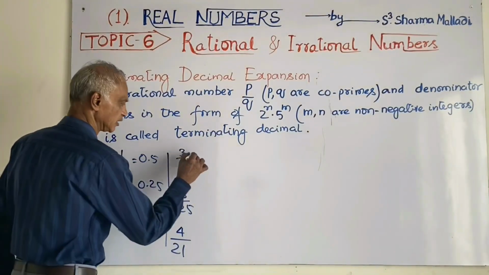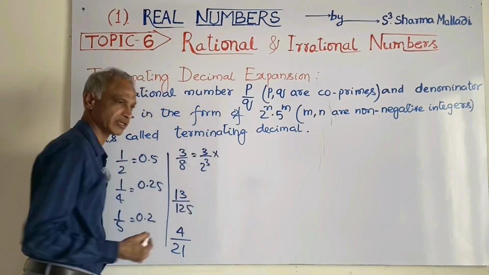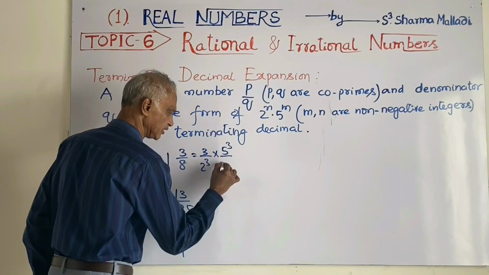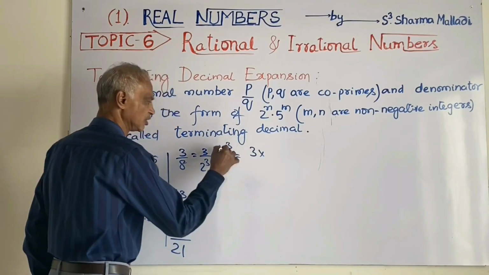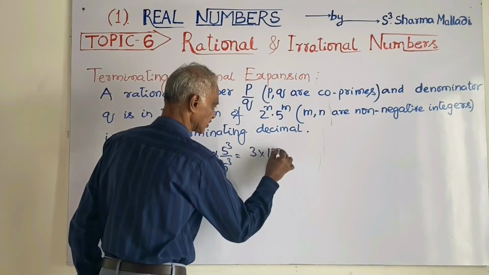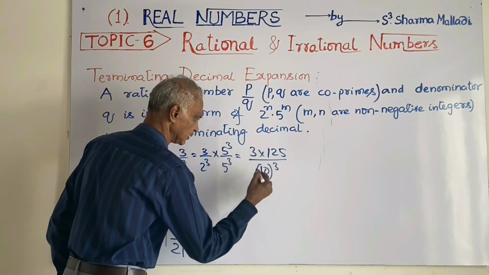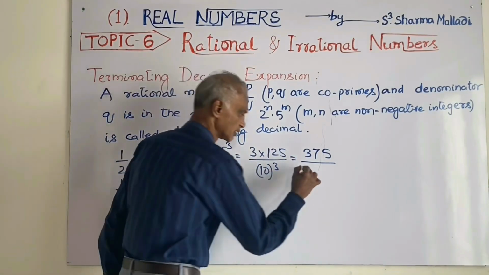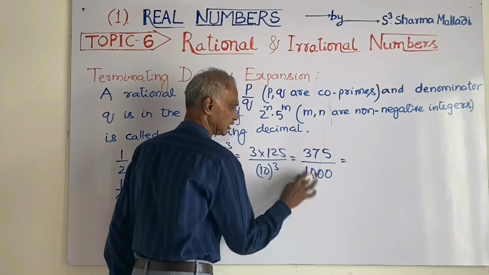3 by 8. 3 by 8 can be written as 3 by 2 cube, and I am multiplying and dividing this with 5 cube. This can be written as 3 into 5 cube, that is 5 5s are 25, 25 5s are 125, by 2 into 5, 10 to the power of 3. This can be written as 375 by 10 cube, that is 1000.